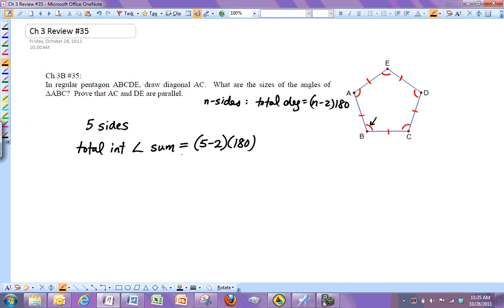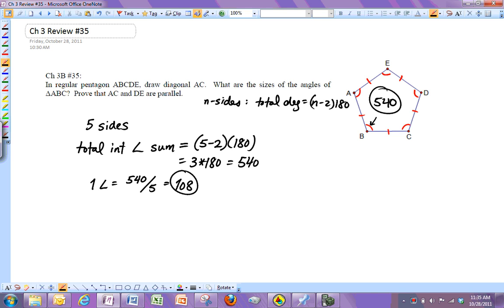Okay, so in this case, 5 minus 2 times 180, 3 times 180, which comes out to 540 degrees. So there's 540 total degrees in here. And since there are 5 angles and all of them are the same, one angle is going to be 540 divided by 5, which is 108 degrees. Okay, so that means that this angle right here is 108, this one's 108, 108, 108, 108.